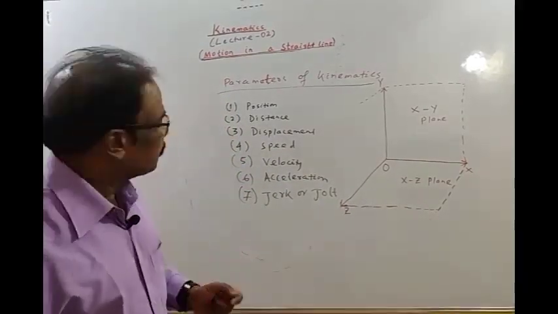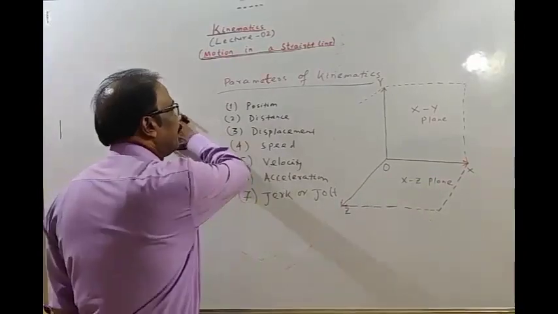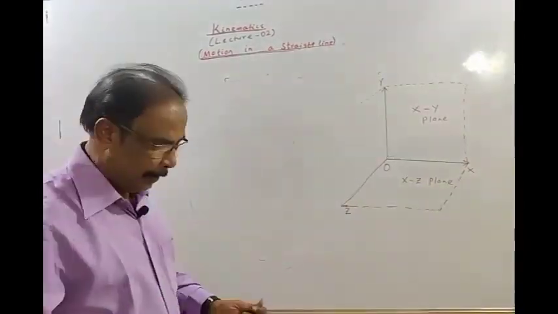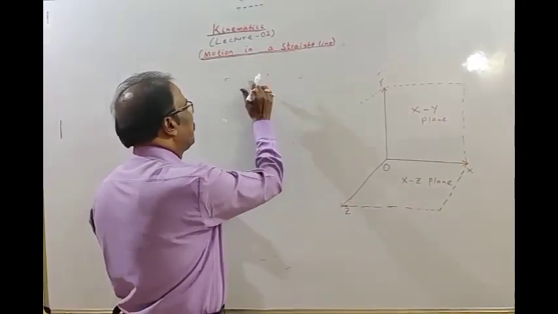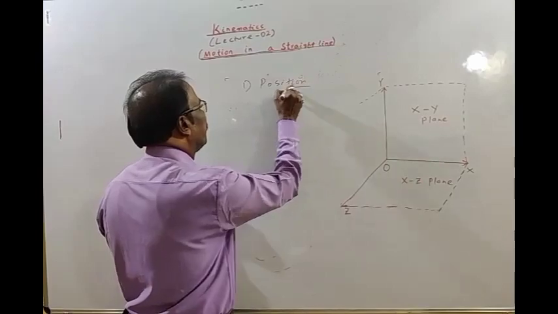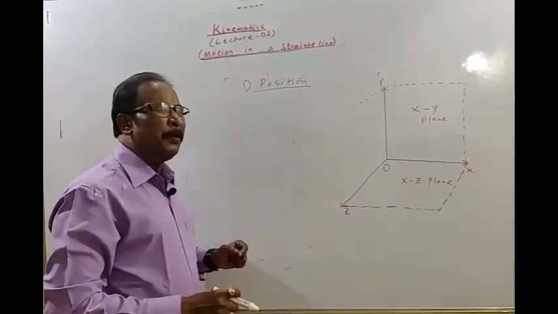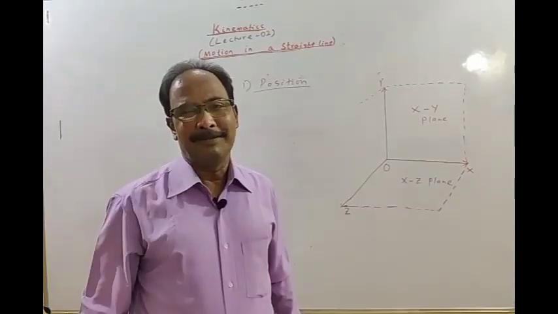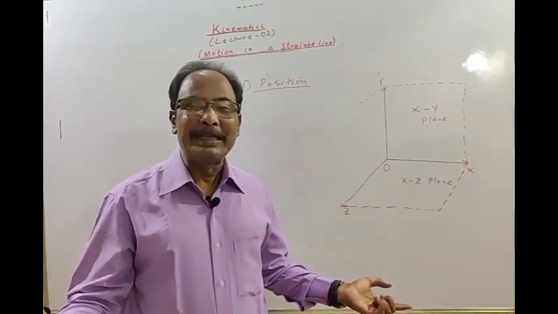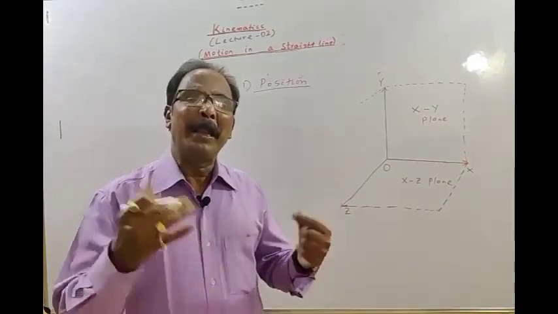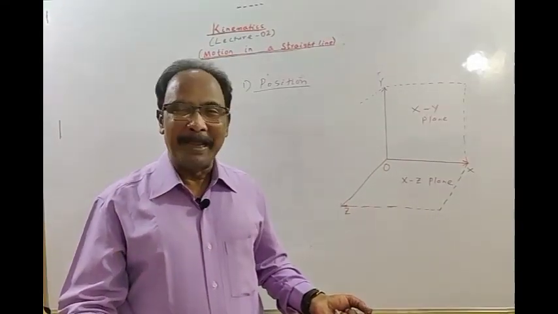The first parameter is position. What do you mean by position? Position is location. Position is the location where a body or an object or a person is placed.